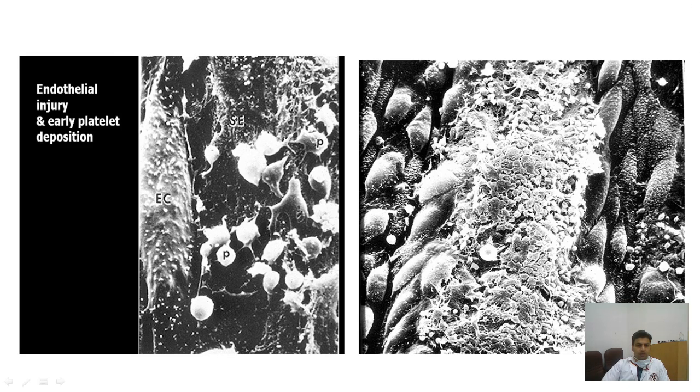Now this is an electron microscopic view of the platelets as well as the endothelial cells, and once damage has occurred, this leads to early deposition and interaction of the platelets, leading to the formation of a primary hemostatic plug.